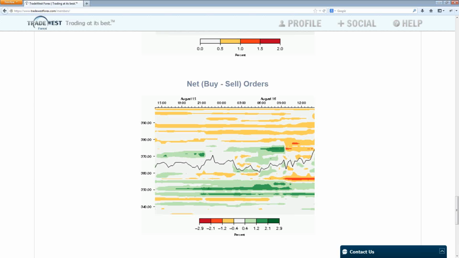So this is not all sources. There's quite a few liquidity providers that do not provide this information. So it's not showing us the entire market, but a pretty good sample of it, which still gives us a lot of insight of what other traders are doing out there. You don't have to see the whole entire market to get that picture.